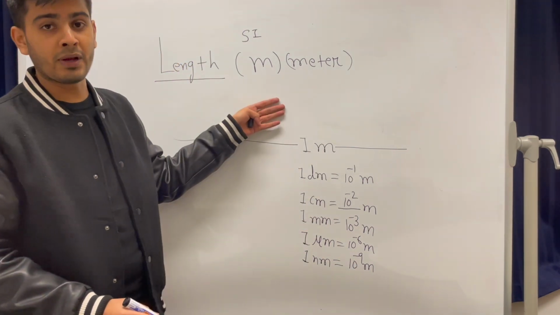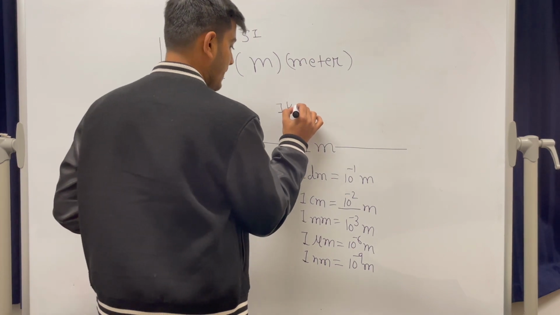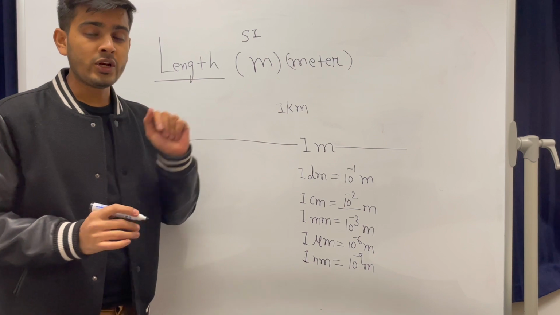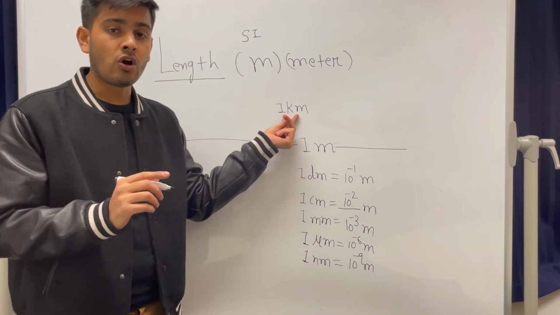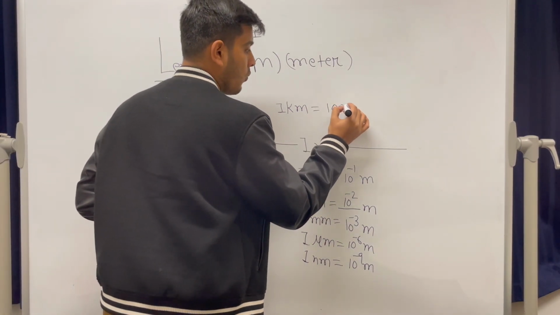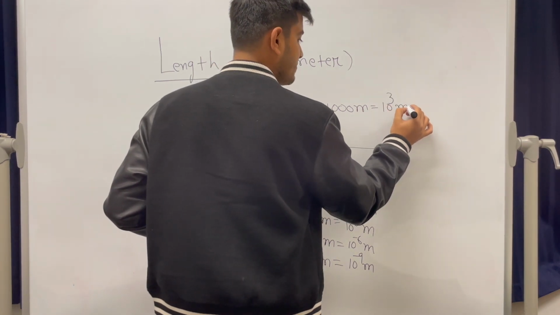Now let's talk about bigger units. What about 1 kilometer? How many meters are there in 1 kilometer? We remember that kilo is 10 power 3 or 1000. So 1 kilometer is 1000 meter, or we can say 10 raised to power 3 meter.